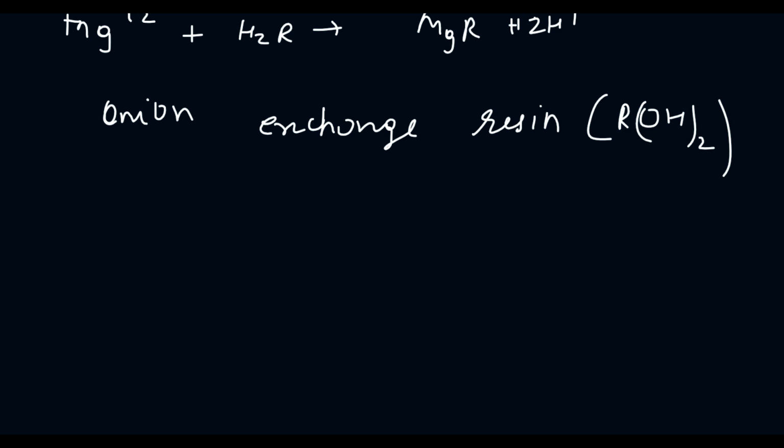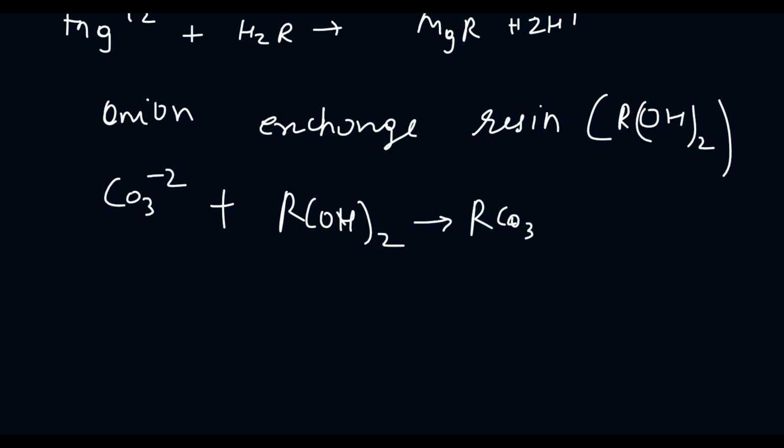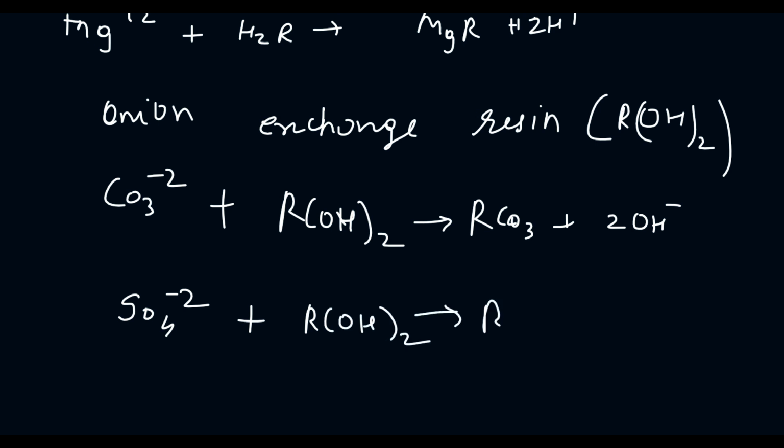If we consider that CO3 minus 2 is absorbed in the anion exchanger, CO3 minus 2 plus 2ROH gives us R2CO3 plus 2OH minus. When SO4 minus 2 is absorbed, SO4 minus 2 plus 2ROH gives us R2SO4 plus 2OH minus ions.